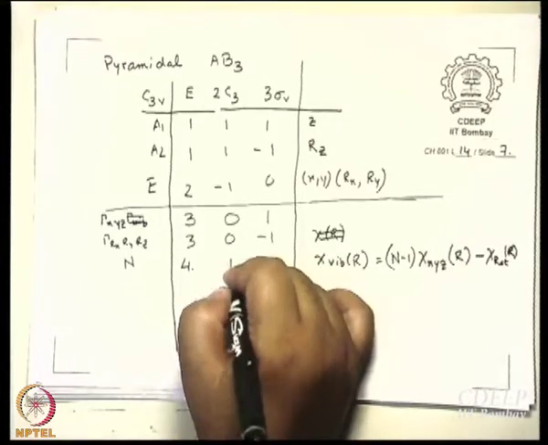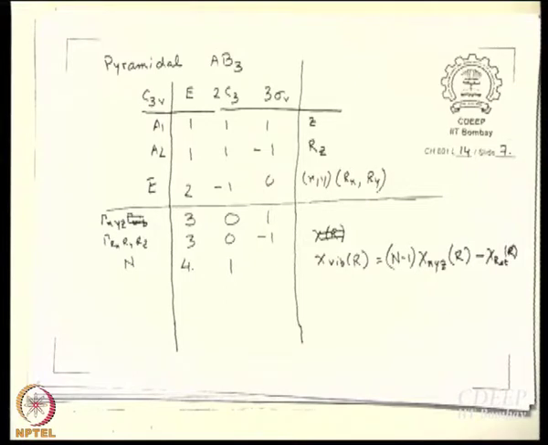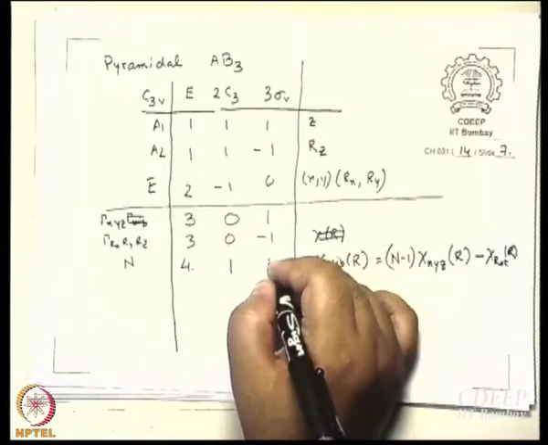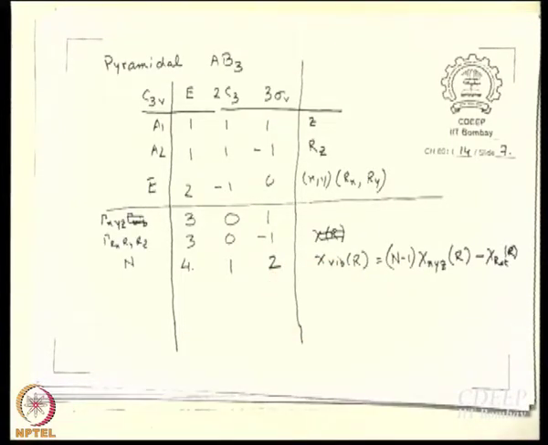Very good. What about sigma V? 2. Sure? Not 3? Okay. 2 atoms and a ghost atom. If it is ammonia, for example, that lone pair is called a ghost atom, but we do not consider ghosts. So, this is 4, 1, 2.